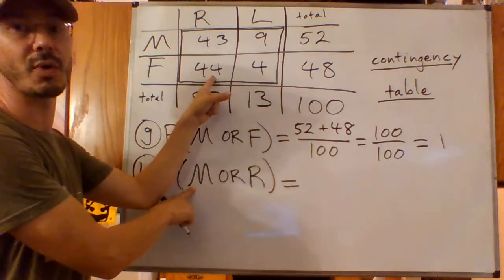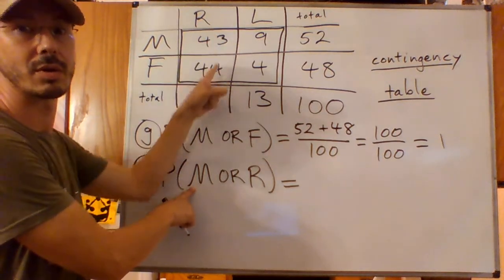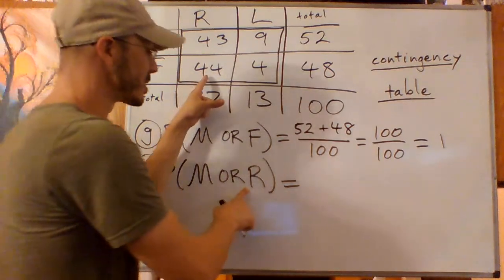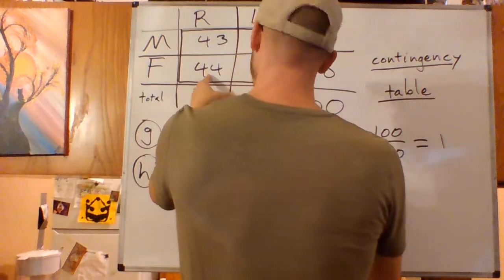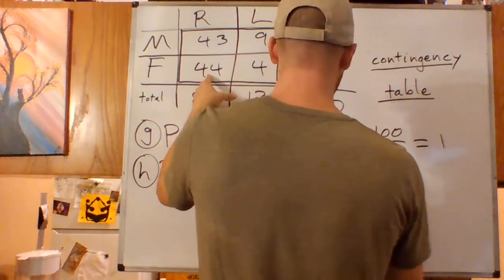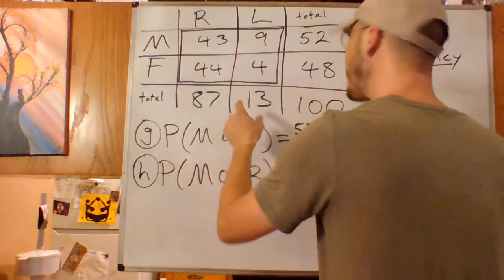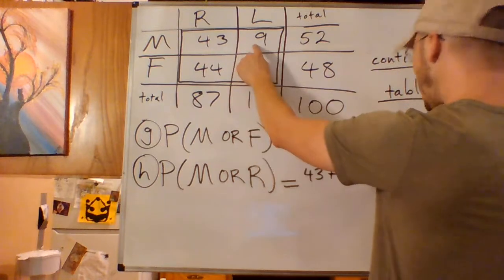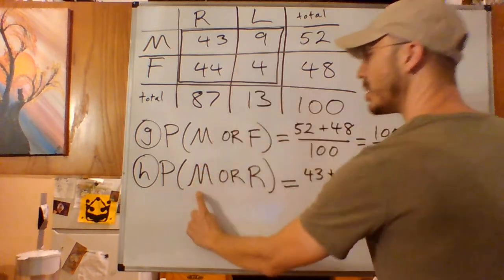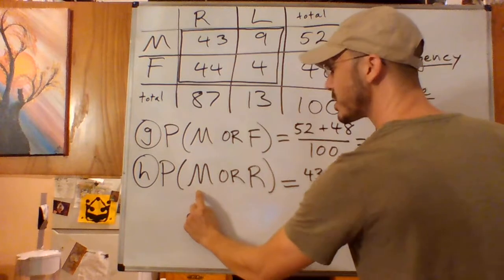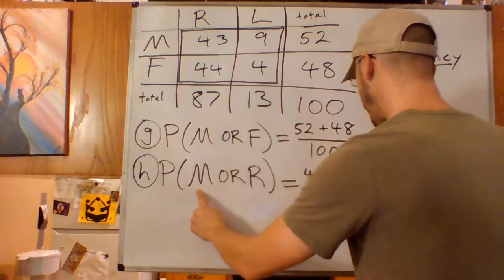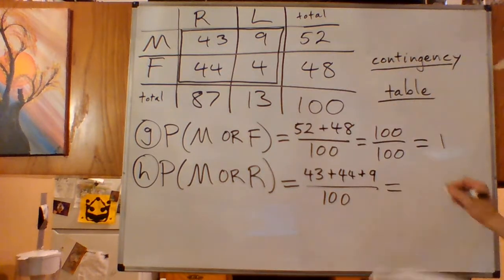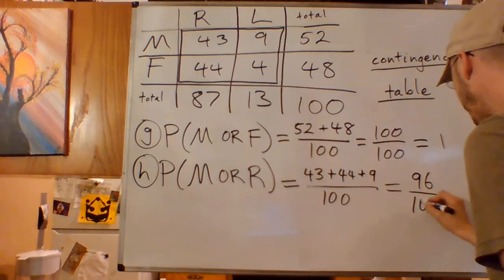We should also include these 44. They're not males, but they're right-handed. And what we actually need is the 43 right-handed males plus the 44 females that are still right-handed, and also the 9 left-handed males because they're males, divided by 100. That adds up to 96 over 100.